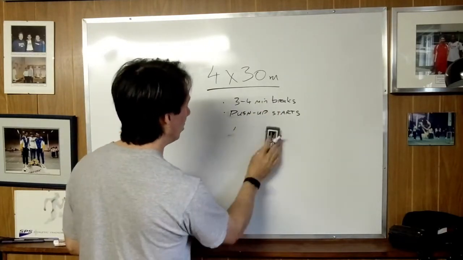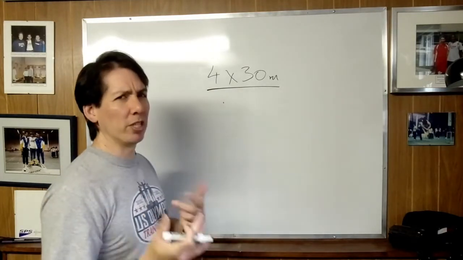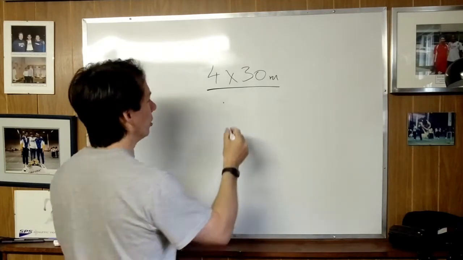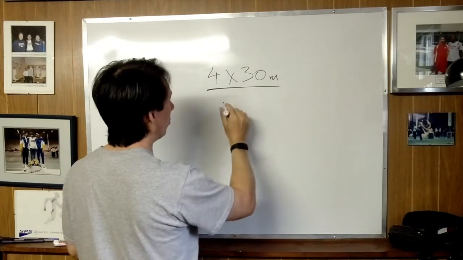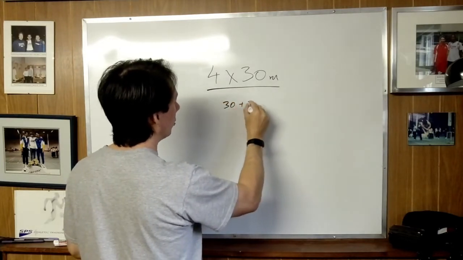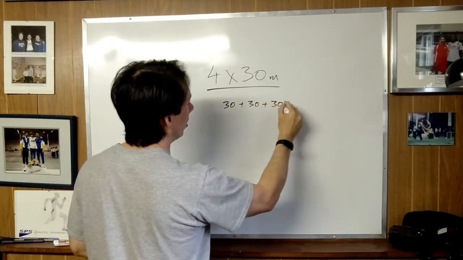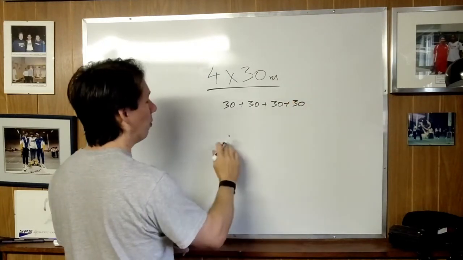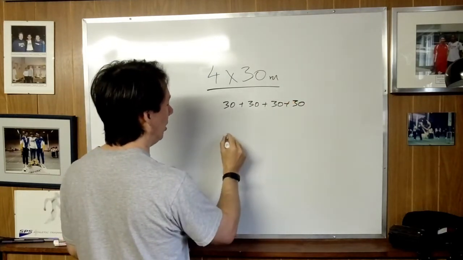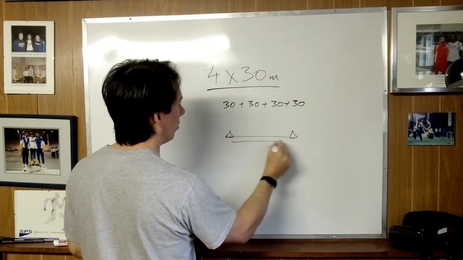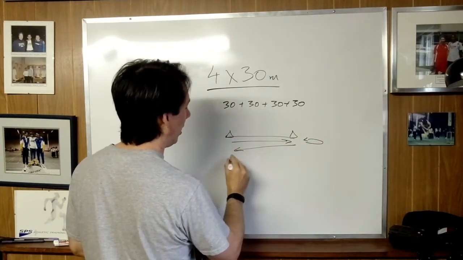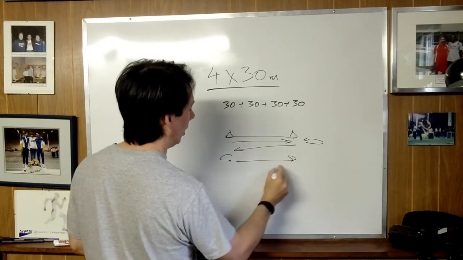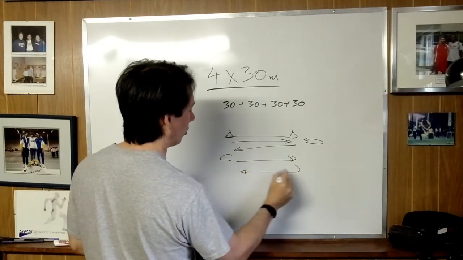Okay, say we want this to be more of a specific endurance or speed endurance, special endurance. So we will go, hey, instead of doing 4 by 30 with full breaks, we might go 30 plus 30 plus 30 plus 30. Okay, so that's 4 by 30, but this plus could be as simple as maybe somebody runs 30, turns around, sets up again, runs 30 back, turns around, runs 30 again, turns around, runs 30 again.